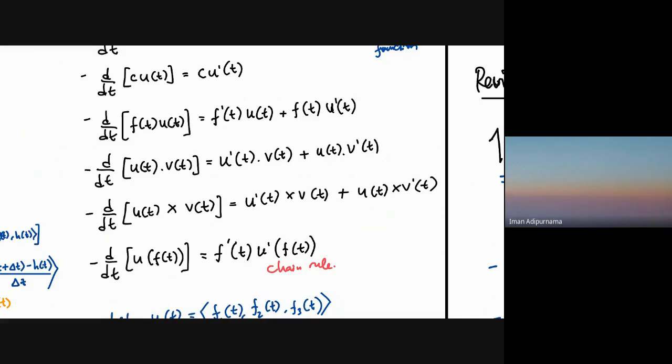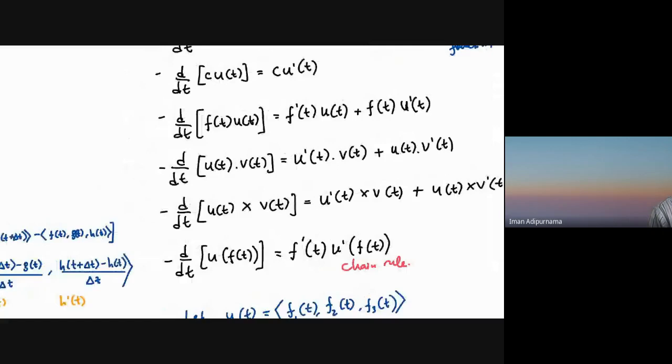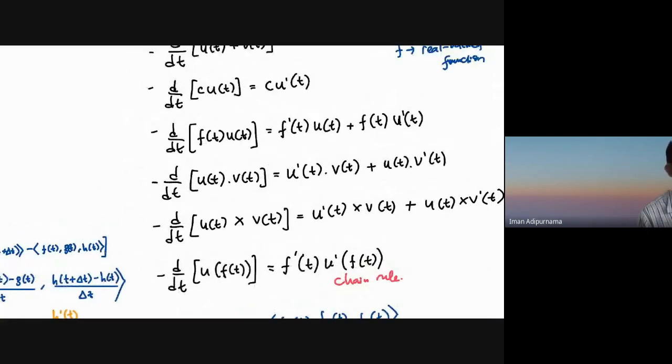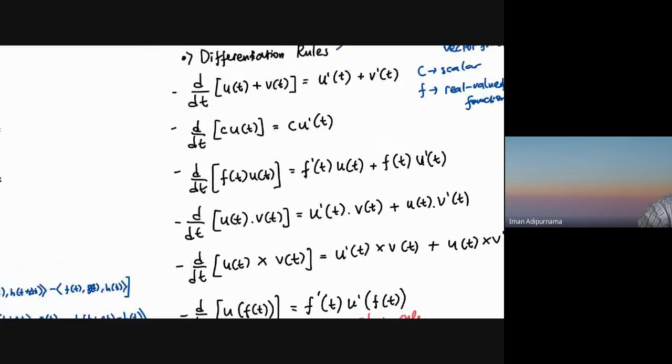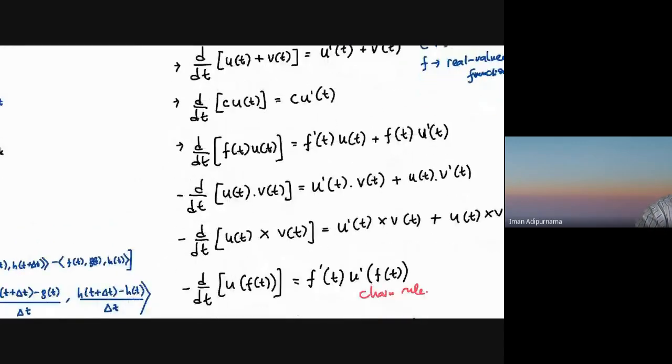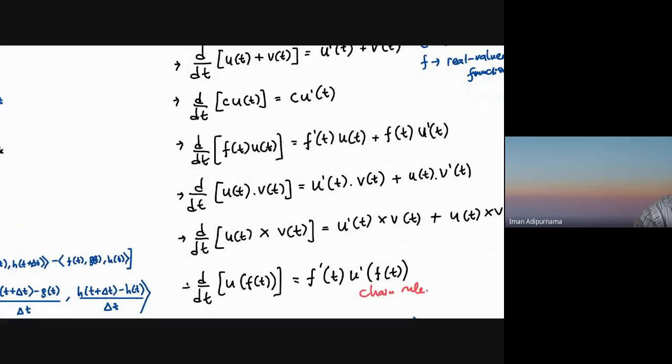Okay, that's the set of rules in differentiation of vector functions. Any questions? Oh, this is not a minus, it is an arrow. Maybe some of you may be confused by that.